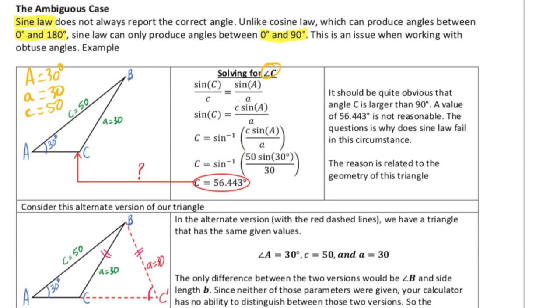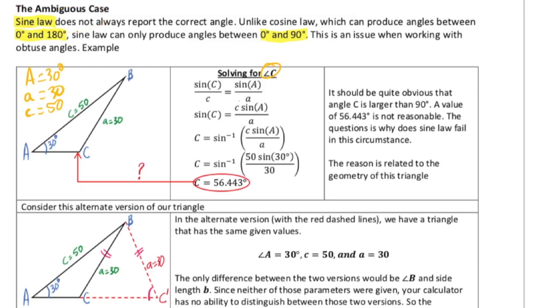The problem with that is this clearly does not look like an obtuse angle, but sine law, unfortunately, reports this angle here, which demonstrably is an incorrect result. So why does it do that? What's the issue? This is where we get into what is referred to as the ambiguous case.